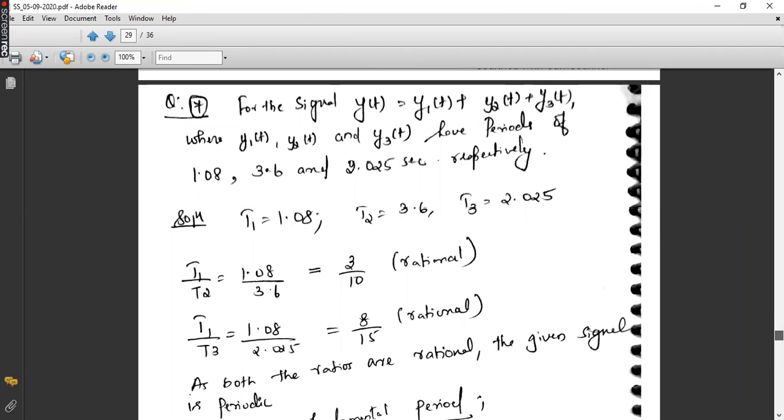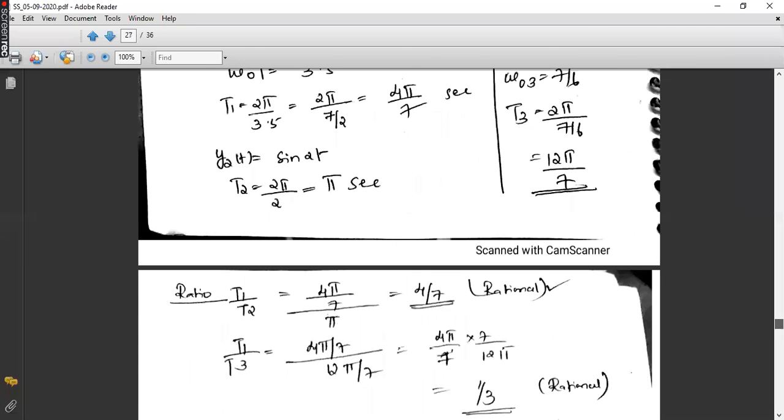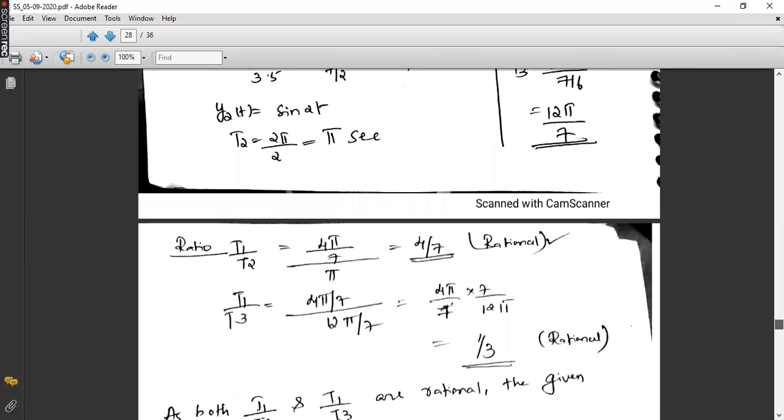Now we'll do this problem. Somebody has asked, can we find the LCM of T1, T2, T3 as such to find the fundamental period? No, you can't.